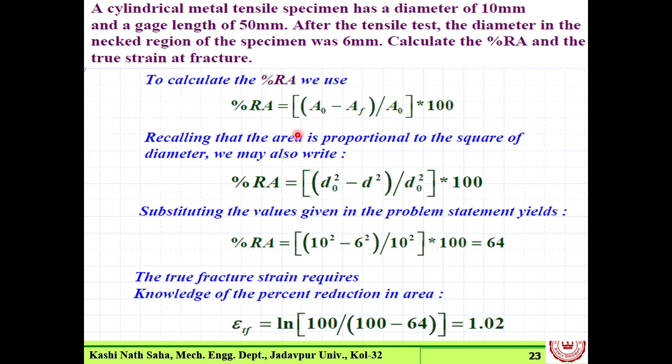So this is a particular problem where it is required to calculate the reduction in area. This is quite straightforward. We only require the area, which is also given. Initial is 10, final is 6.